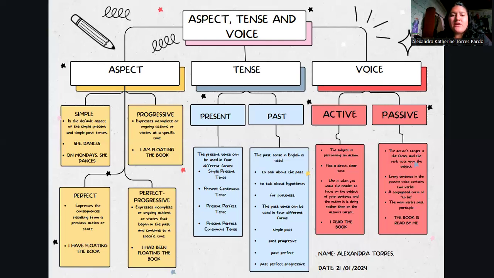Active voice is often favored in text production as it allows for greater clarity and directness. However, passive voice can also be used effectively to shift focus or emphasize certain elements of a sentence. Recognizing when and how to utilize voice appropriately can significantly enhance the coherence of writing and spoken discourse.